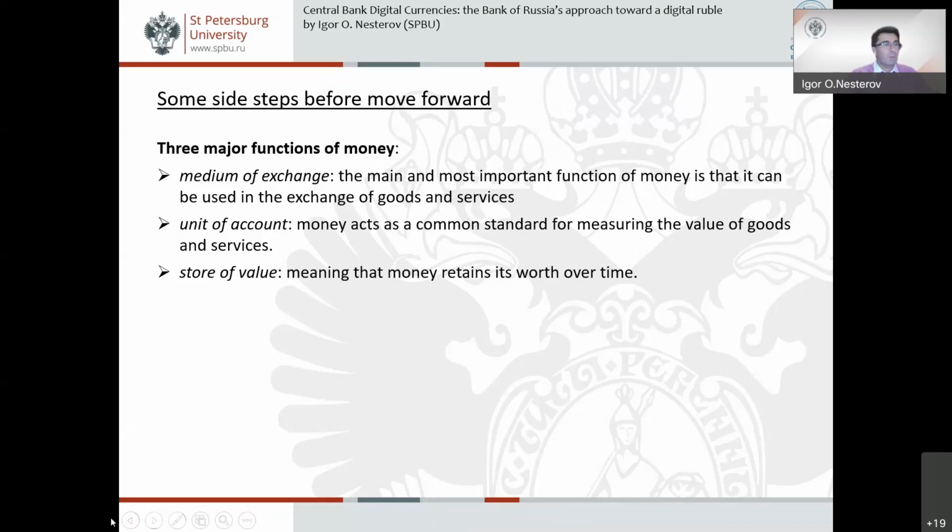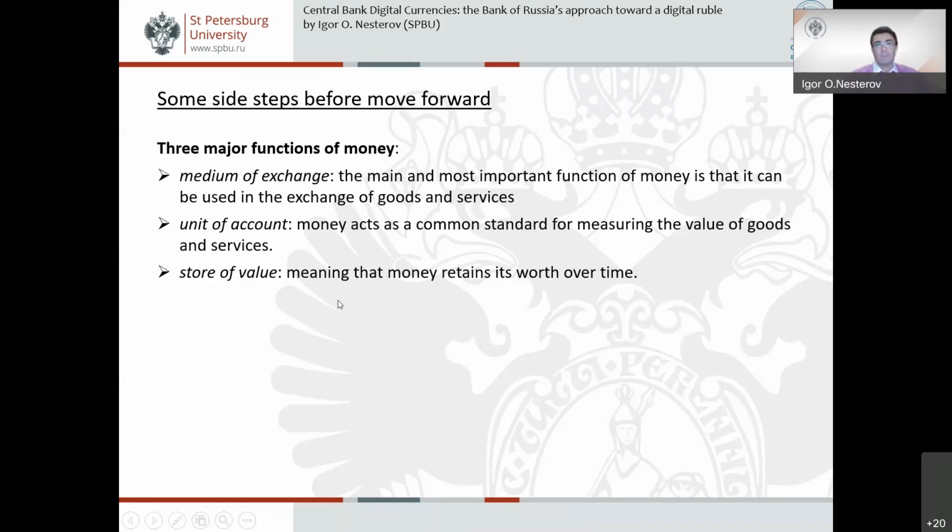So what are the three major functions of money? That is medium of exchange. That means that money plays an important function, can be used in exchange of goods and services. The second major function, the unit of account, so money acts as a common standard for measuring the value of goods and services.